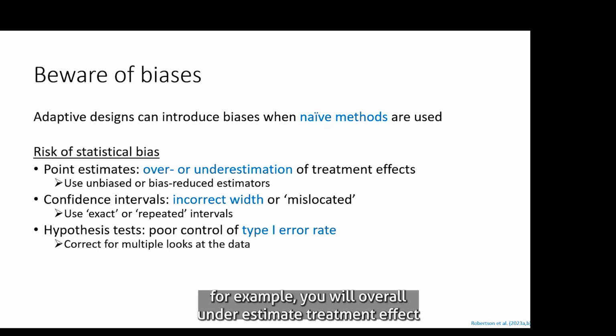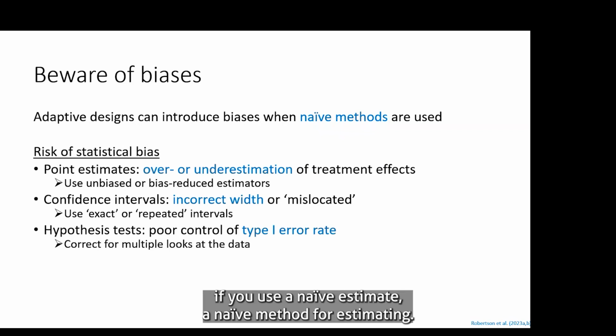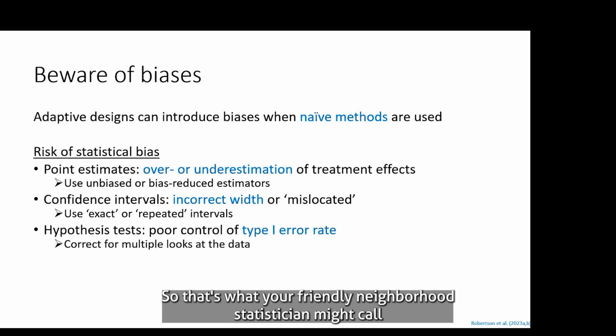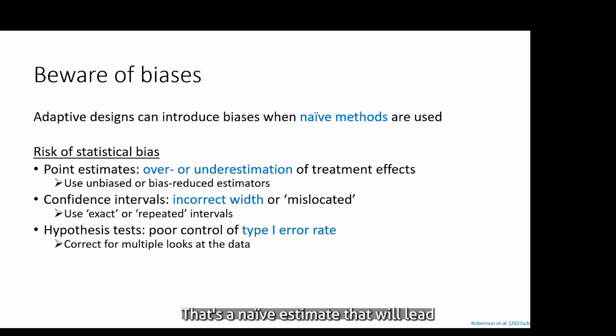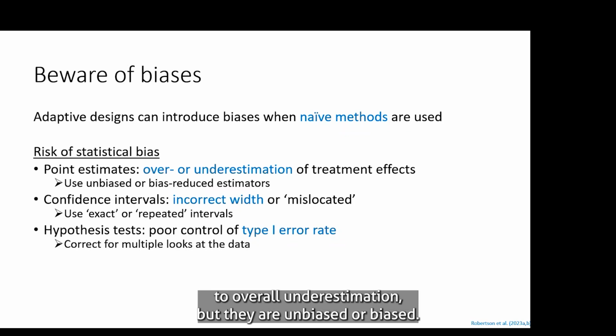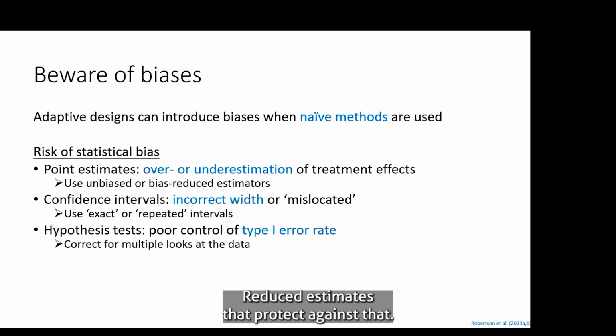For example, you will over or underestimate your treatment effect if you use a naive estimate. That's what your friendly neighborhood statistician might call the maximum likelihood estimator. If you've ever come across that term, that's a naive estimator that will lead to over or underestimation. But there are unbiased or bias-reduced estimators that protect against that.